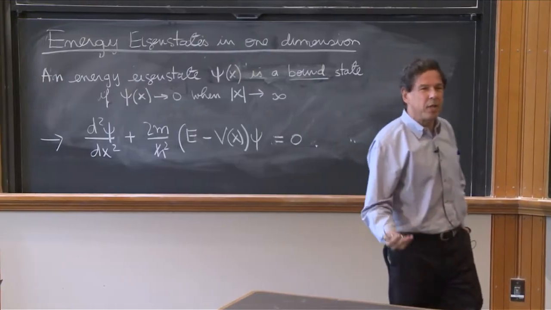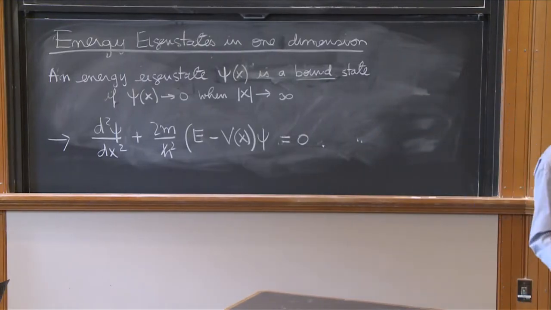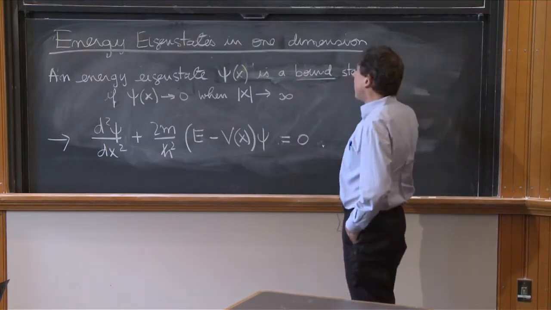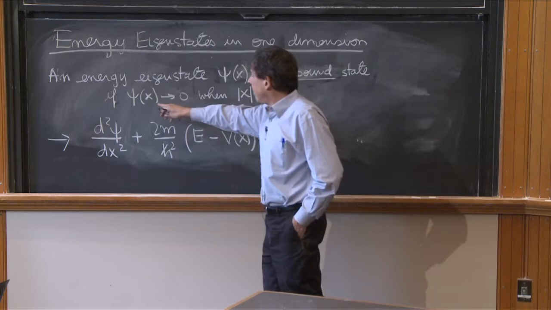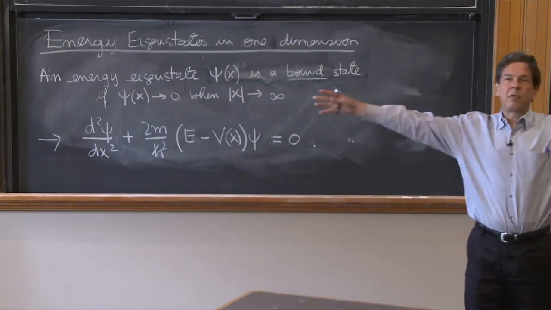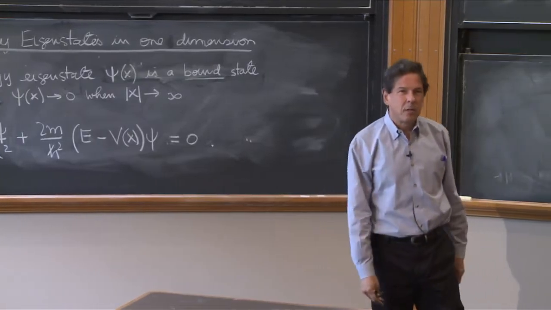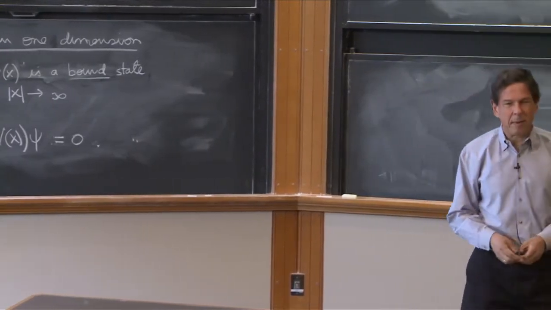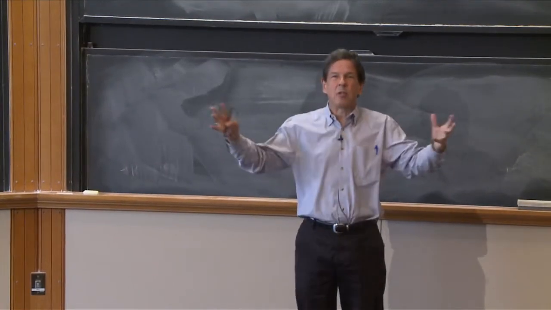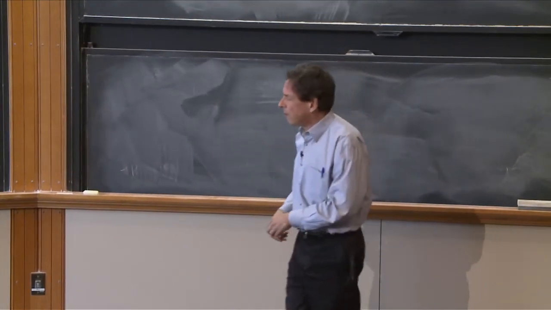So an energy eigenstate may or may not be a bound state, but any bound state is an energy eigenstate. An energy eigenstate is a bound state if the wave function goes to 0 when you go sufficiently far away. It's a simple definition, but it helps us understand that the basic idea is that the state is just not spread all over the world.